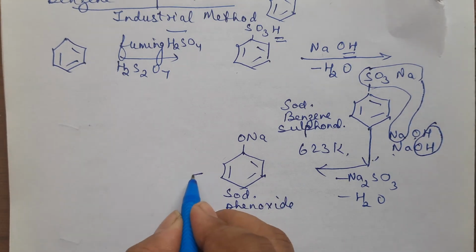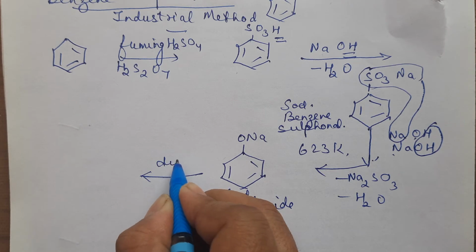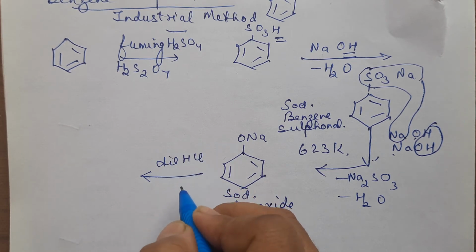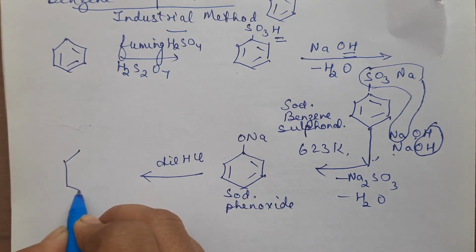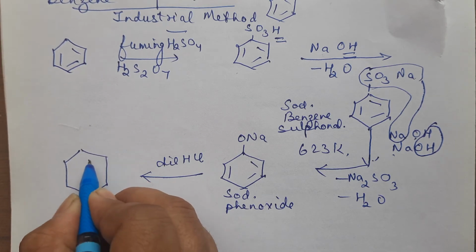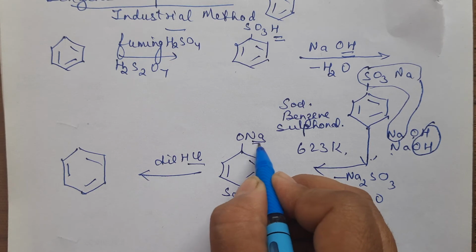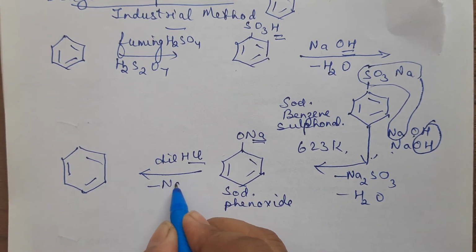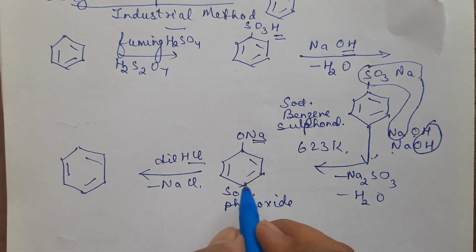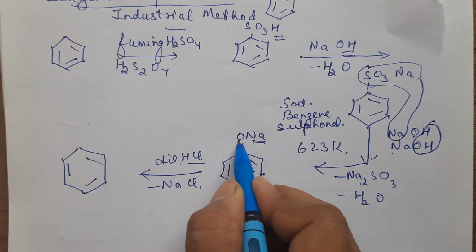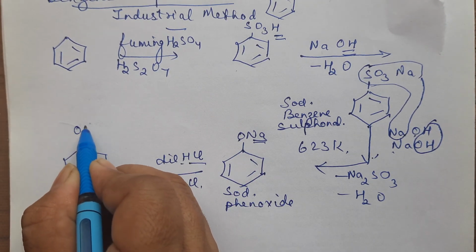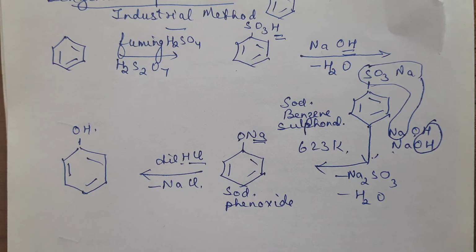Now this sodium phenoxide is further treated with dilute HCl, and as discussed in the previous method, what will happen? This Cl will always have the affinity for this Na. It will come out as NaCl. Right? And now H is left over. This with O will come here as phenol. So what we are getting is phenol. Clear?